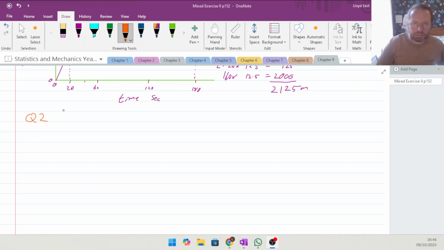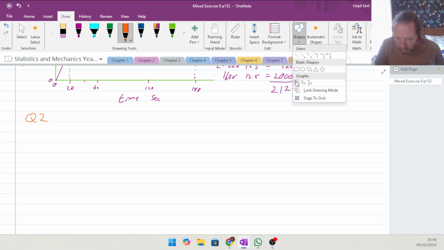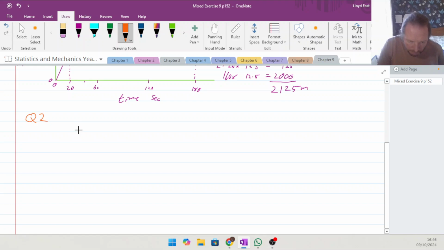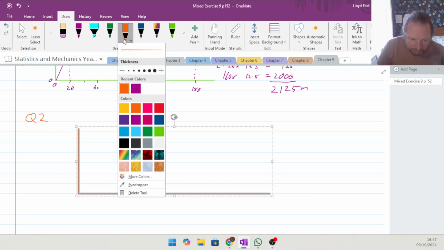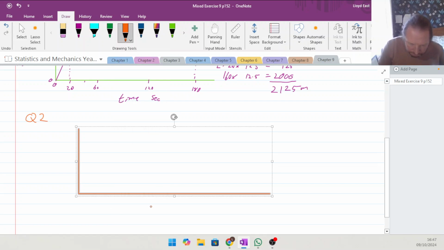Okay, so we have an axis like that, and we have time on the bottom, time in seconds, and we have 0 seconds, 32 seconds.